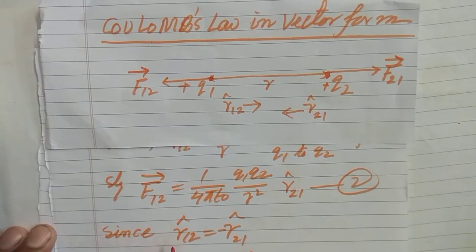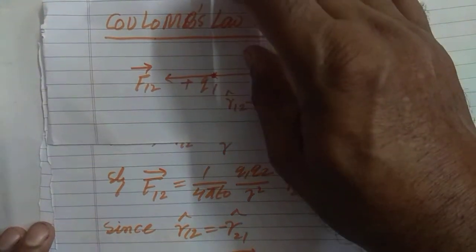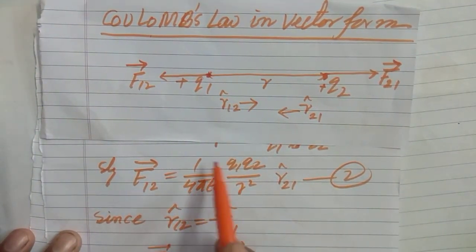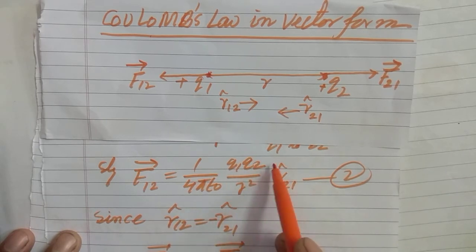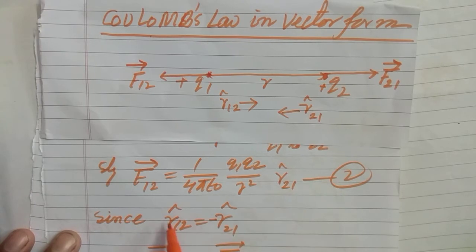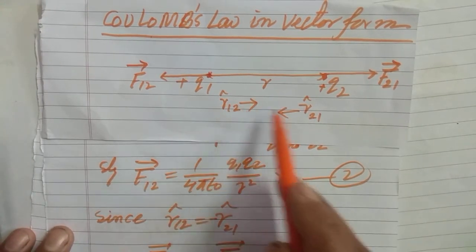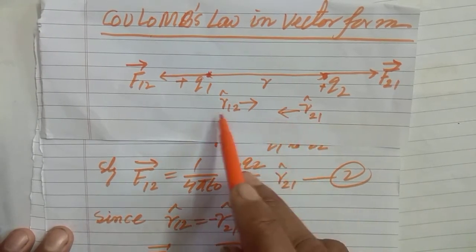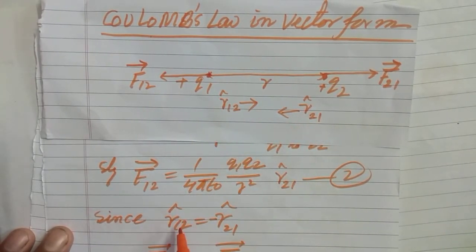So now you can see here from the diagram, F12 will be 1 by 4 pi epsilon naught Q1 Q2 by r square r21 cap. Now since r12 cap is equal to minus of r21 cap, because r12 cap is in this direction, r21 cap is in this direction, they are opposite directions, therefore F12 vector is equal to minus F21 vector.